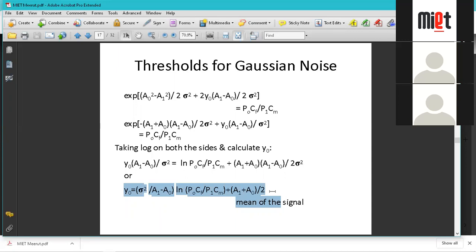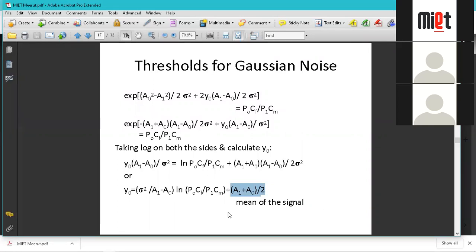This a naught plus a1 by 2 is a statistical average of the two signals, 0 and 1. Now, what is that extra part? This extra part is to move the threshold either in the left or right direction so that our detection becomes optimized. So if you have to distinguish between 0 and 1, it's not always the right way that the middle of the two should be taken.